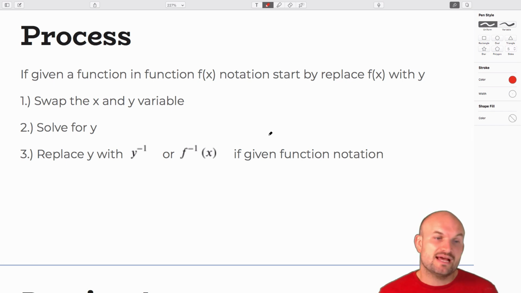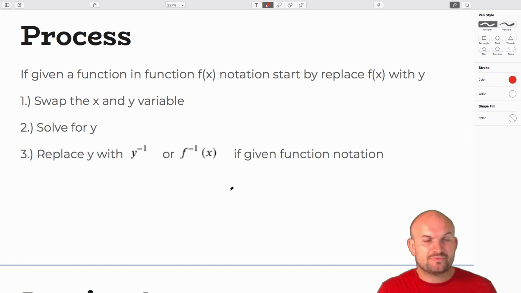Then we swap the x and y variables, which makes sense because graphically we swapped the x and y coordinates between the function graph and the inverse graph. Then once you swap the variables, you just solve for y, and replace it back with its original notation, y inverse, or f inverse of x if you're using function notation originally.